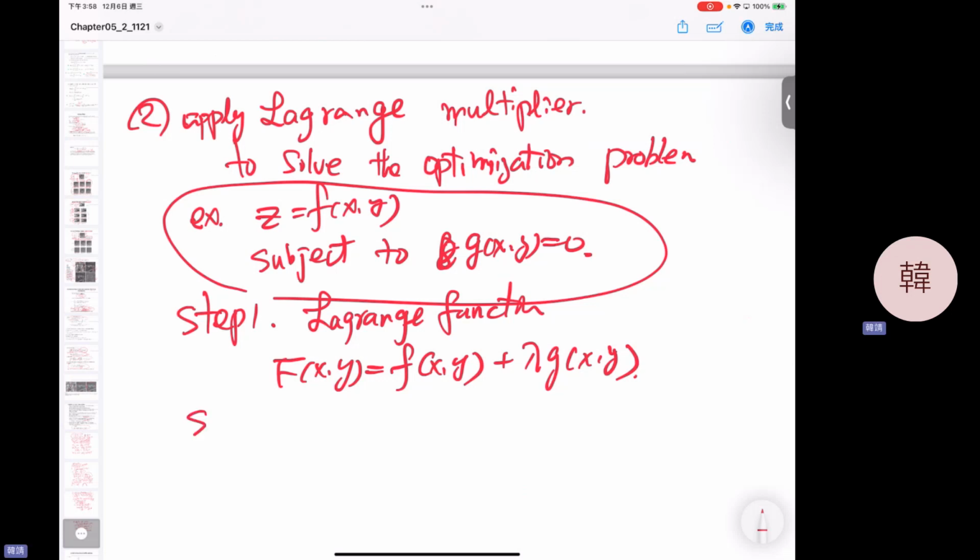Step 2: do the same partial derivatives. Take the partial derivative of this function with respect to x: the partial of f with respect to x, plus, because lambda is a constant parameter, lambda times the partial of g with respect to x, equal to 0.